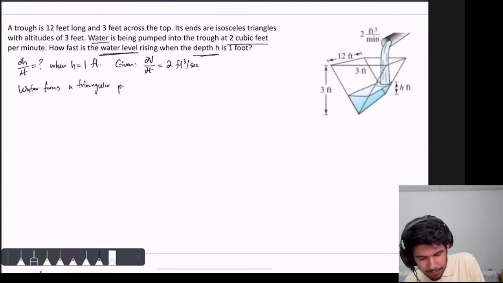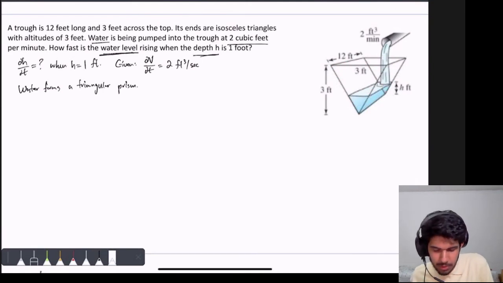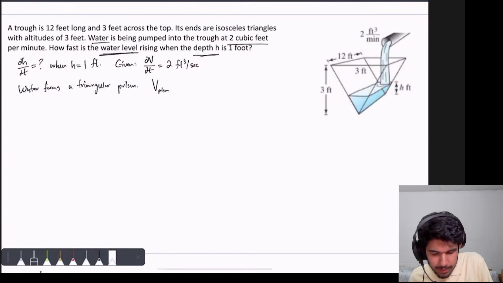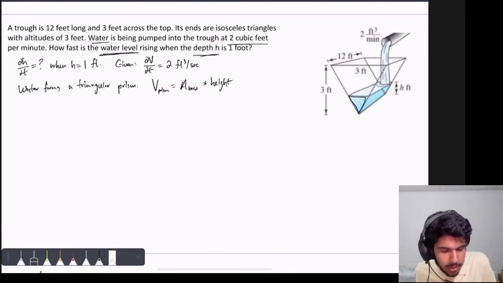What's the volume of a triangular prism? The volume of any prism is the area of the base times the height. In this case, the base is the triangle, and the height is that.